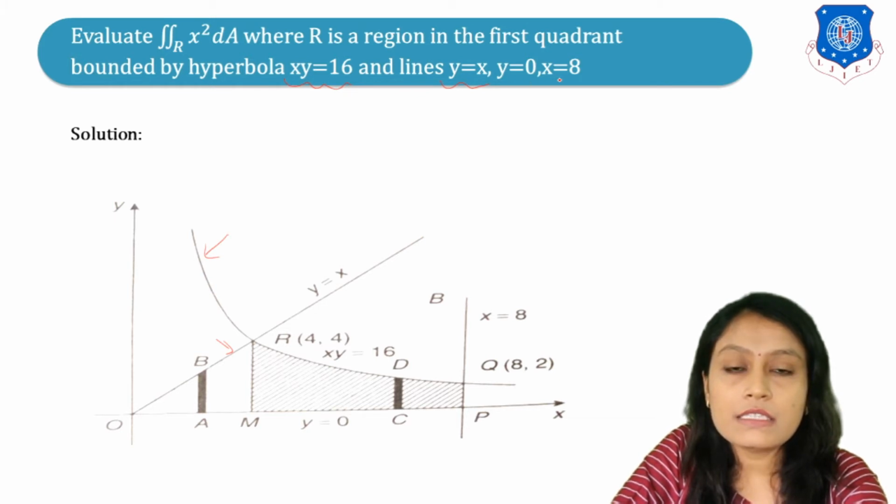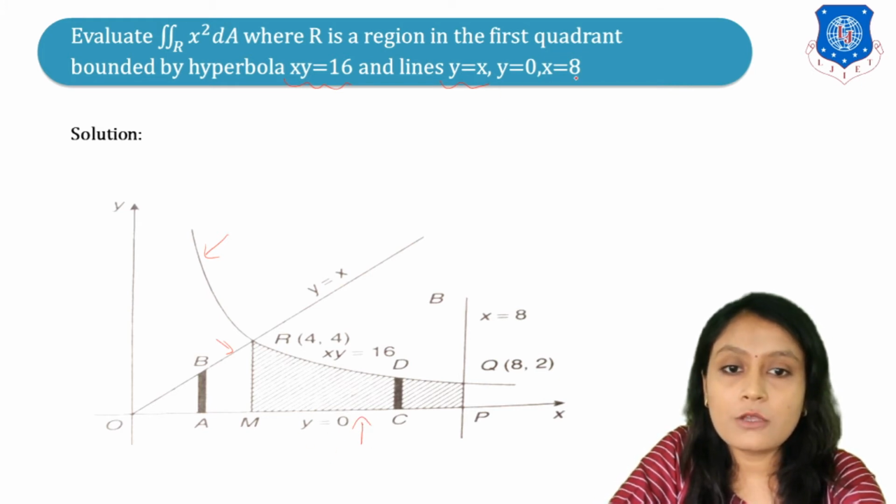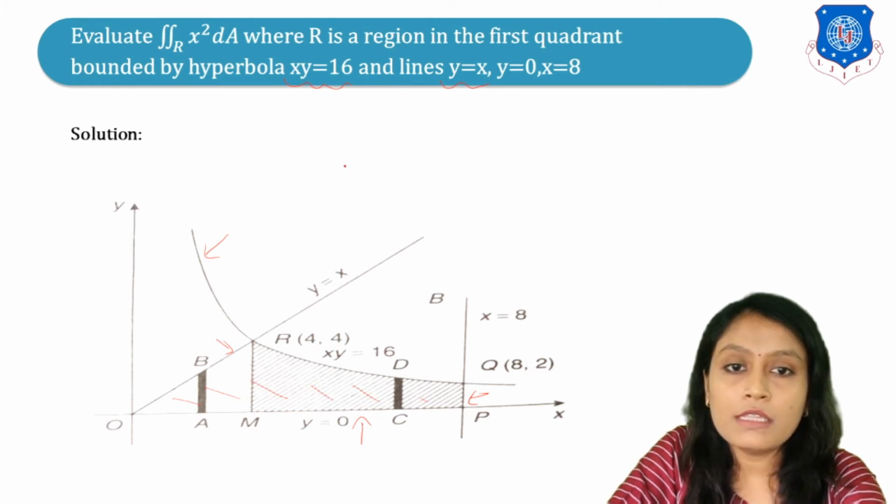Next, y is equal to 0, that is the x-axis. And next, x is equal to 8. So this is your line x is equal to 8. Now, the region is the region bounded by all these lines and this hyperbola.